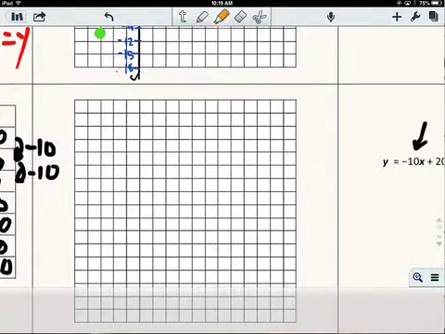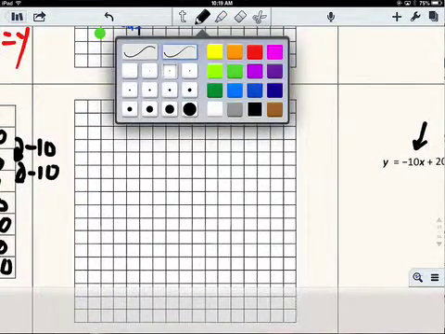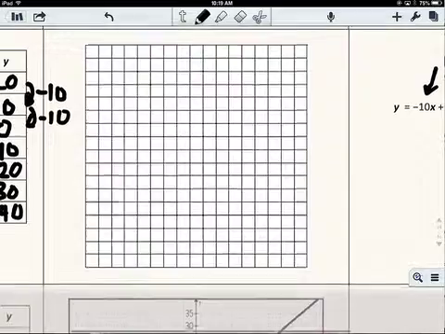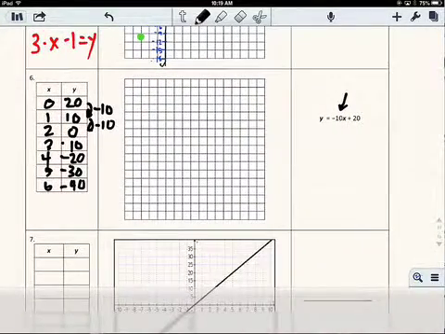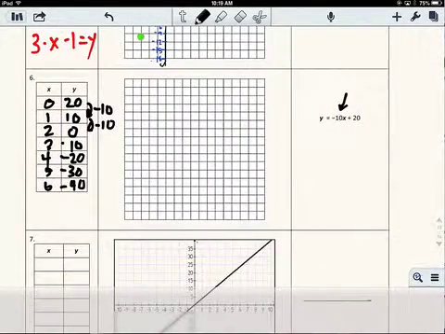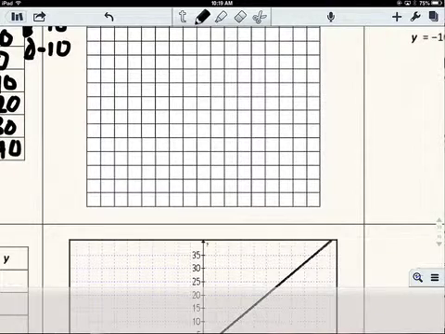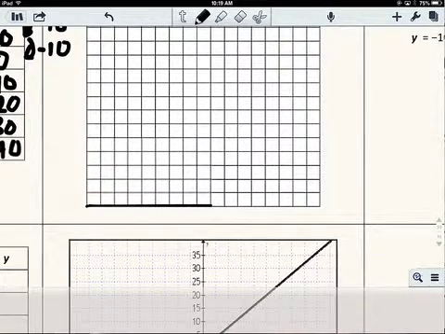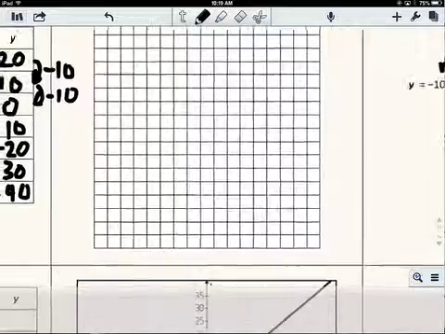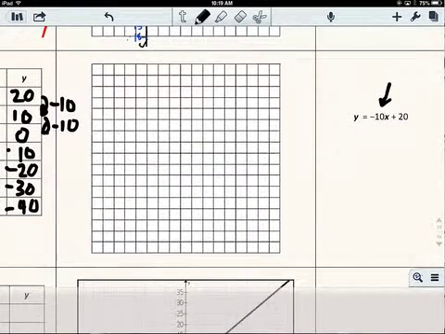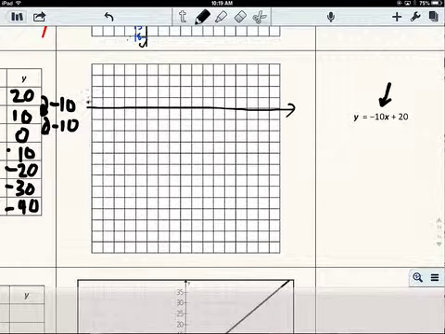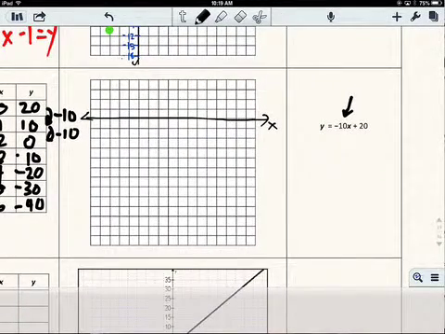Okay, make my pen a little thinner here. So I have 0 to 6 on my x-axis. Oh, I need to do a better job of this. My x-axis needs to be somewhere close to here. And that's because my y's go from -40 all the way up to +20.